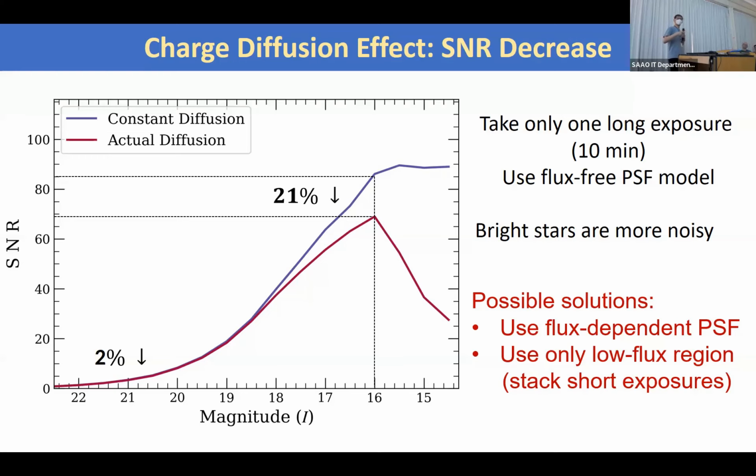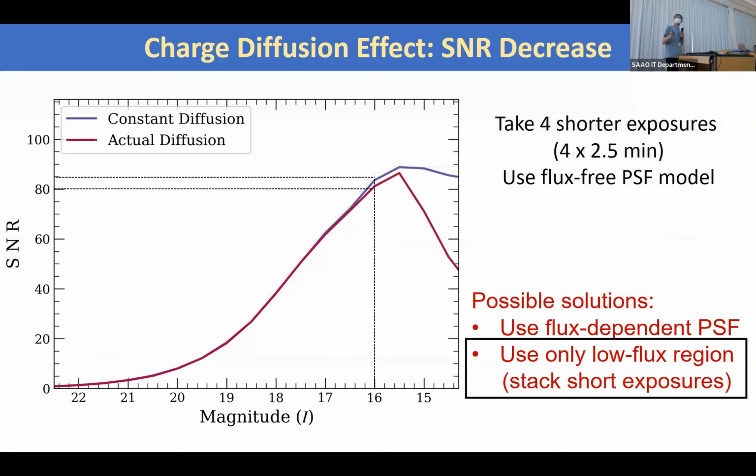But we now just try an easier way, which is to use many short exposures to shrink the dynamic range of all the stars, and that makes the difference between the PSFs smaller. We tried this, and this is basically what we got. The brighter stars are much better, but you can see the brightest stars are still worse. But it's fine because there are not many so bright stars, and they actually don't contribute a lot to the science output.